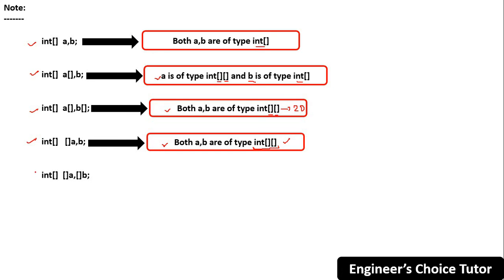What about this? This is invalid. You will get a compile time error like identifier expected. Why is it invalid? The reason is the square bracket which is before b. Let me explain this point well.